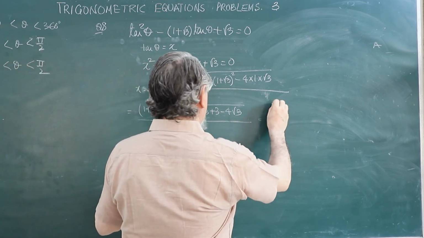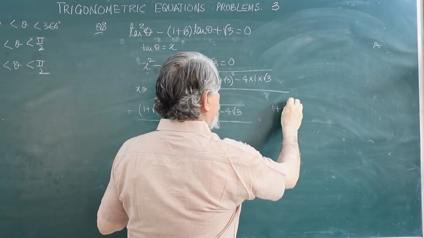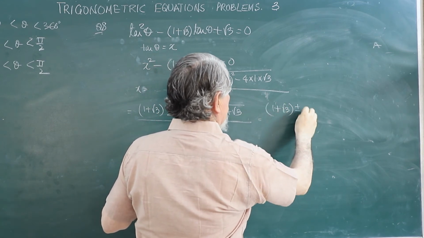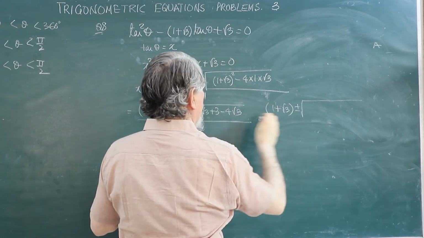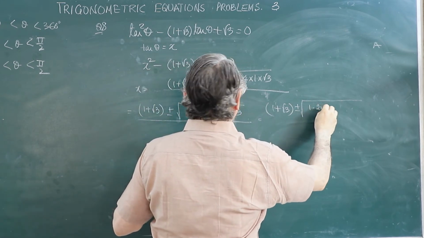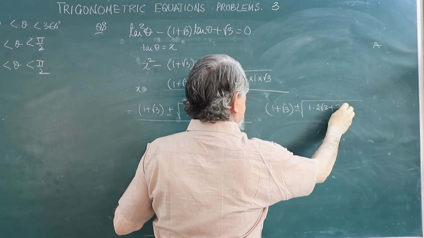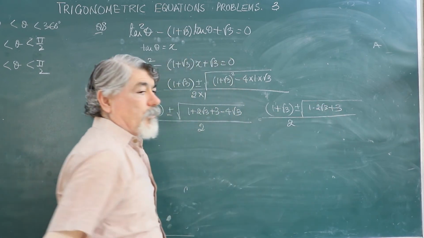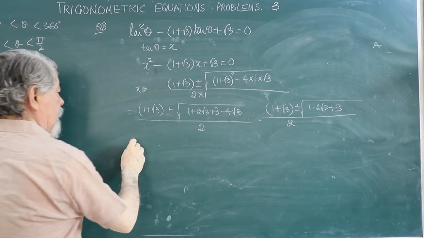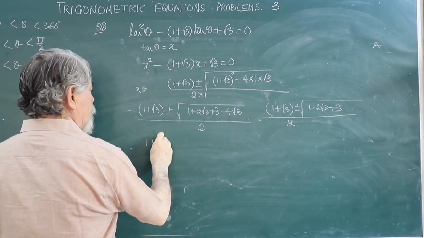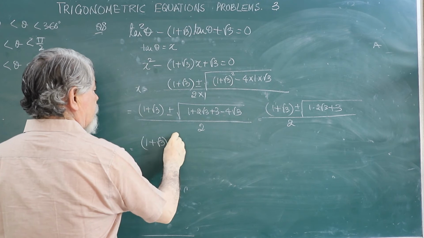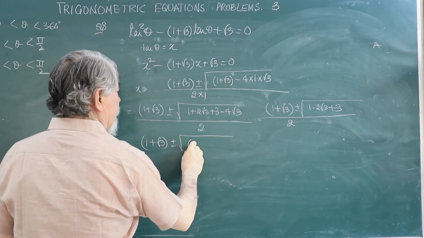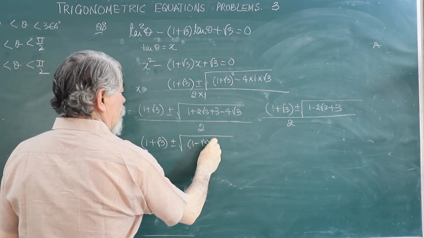It will become 1 plus root 3 plus minus under root of 1 minus 2 root 3 plus 3, upon 2. It will become 1 minus root 3 whole square, so plus minus 1 minus root 3.